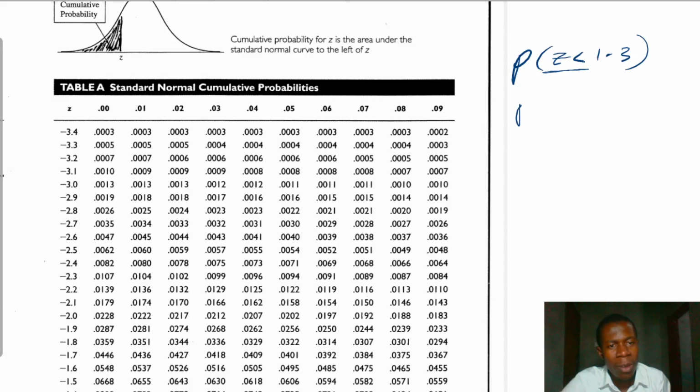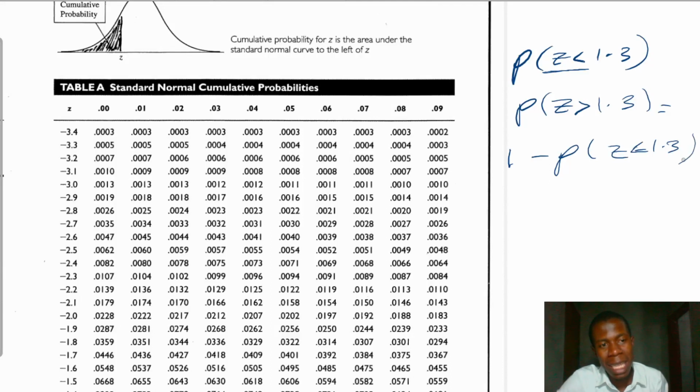So if we are asked to find the probability of Z greater than, let's say 1.3, we need to convert this to a less than by subtracting from 1. So we say this is equal to 1 minus the probability of Z less than 1.3. Okay, so this is what we did last time, and we continue from there.